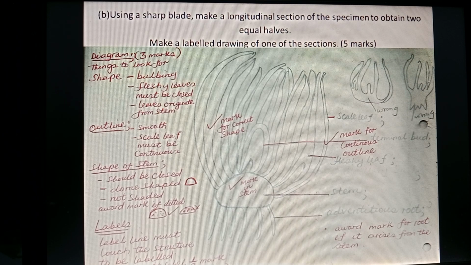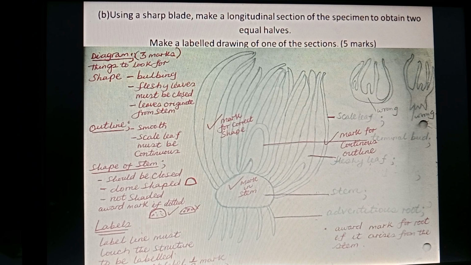All right. Labels: fleshy leaf, terminal bud, scale leaf, adventitious roots. This is the way it was being marked.